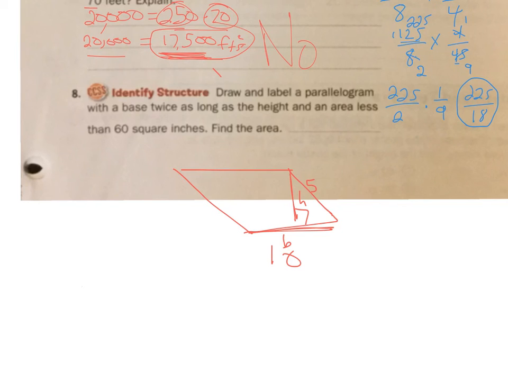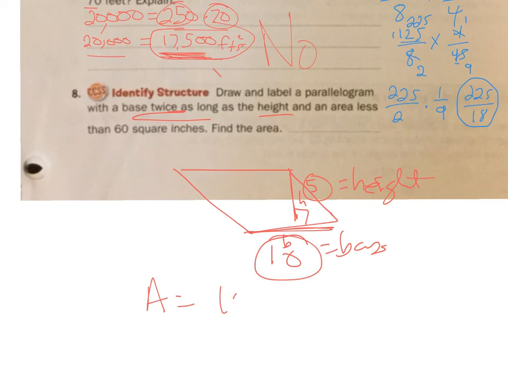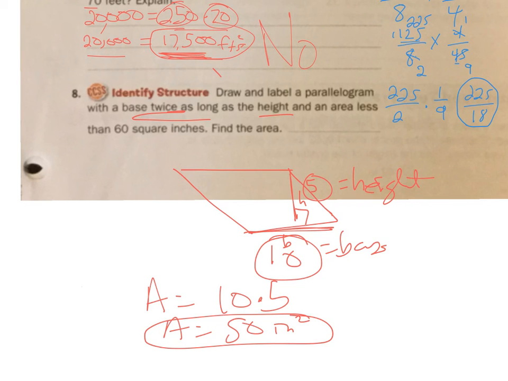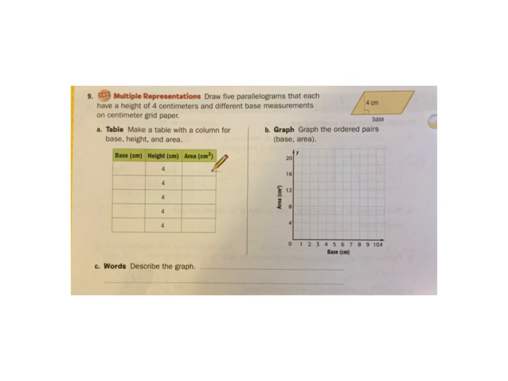Because I know it told me the base had to be twice as long as the height. So is 10 twice as long as 5? Yes. Okay, so this is my base, and this is my height, and the base is twice as long. So area equals base times height. Area equals 50 square inches. Okay, there we go.